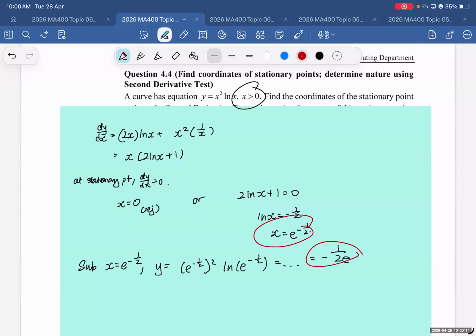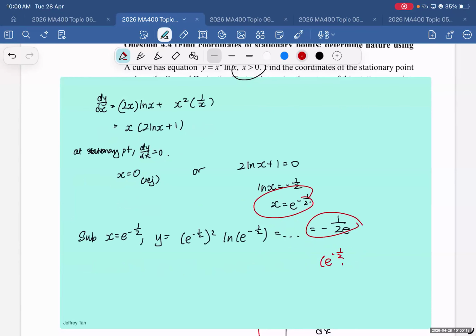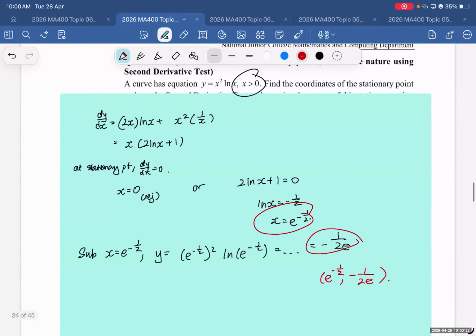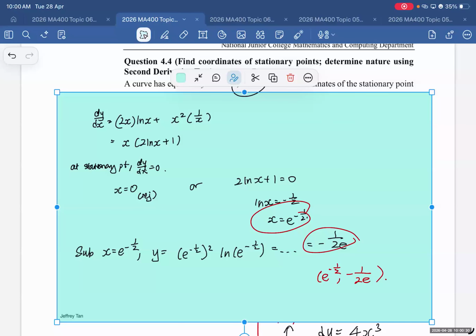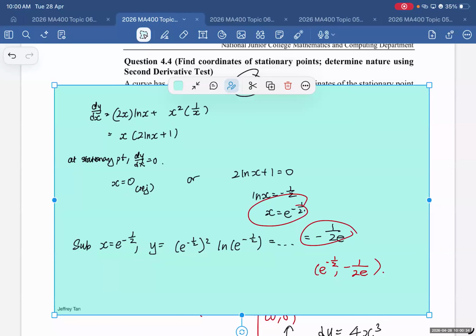After that, I do the second derivative test. I differentiate a second time. Remember yesterday's learning point? Second derivative positive means your point is a minimum. Second derivative negative means your point is a maximum. So after that, I check.